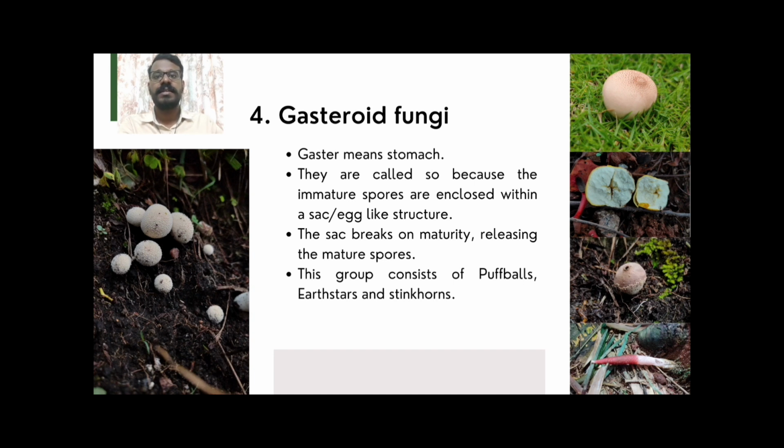Hence, it is called a gasteroid fungus. The sac breaks on maturity, releasing the mature spores. So there will be a sac-like structure, and inside it there will be the immature spores. On maturity, this sac-like structure ruptures and the spores are released.